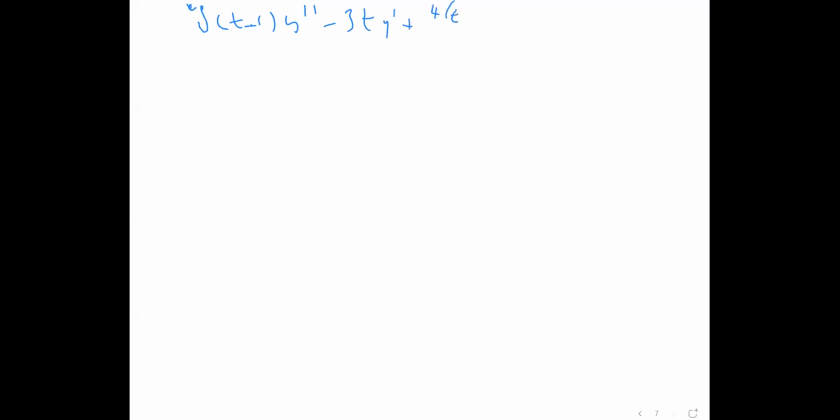For example, if we have (t minus 1) y'' minus 3t y' plus 4 (t minus 1)/(t minus 3) y equal to t(t minus 1), then we have y(2) equal to 1 and y'(2) equal to 0.